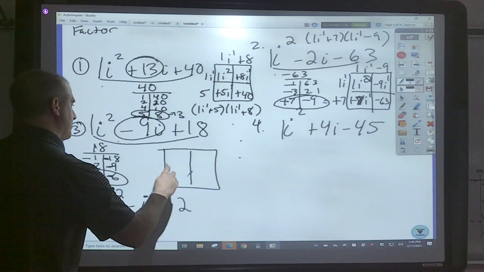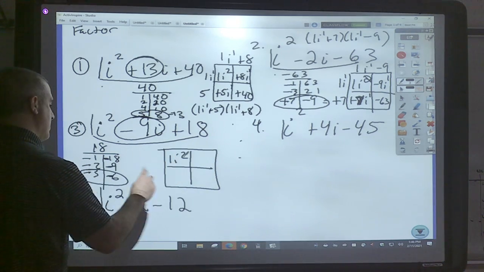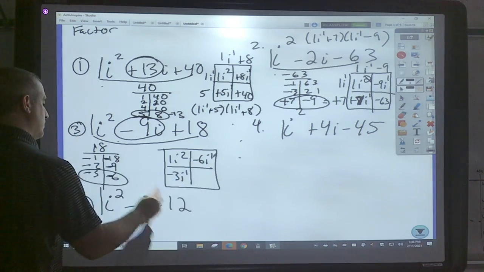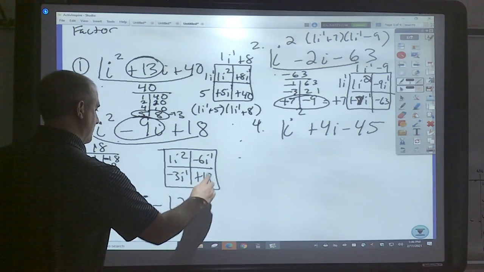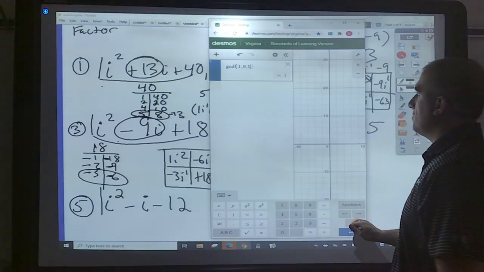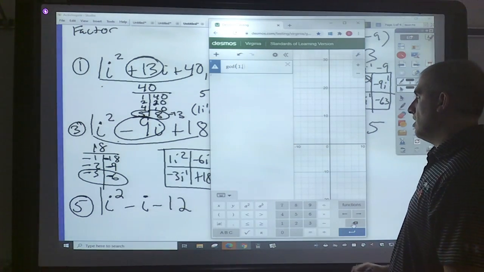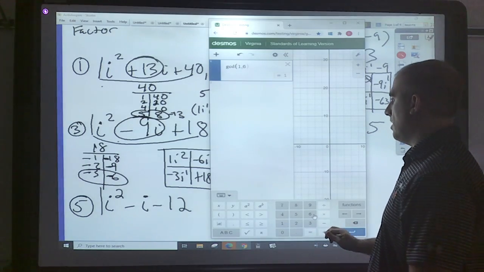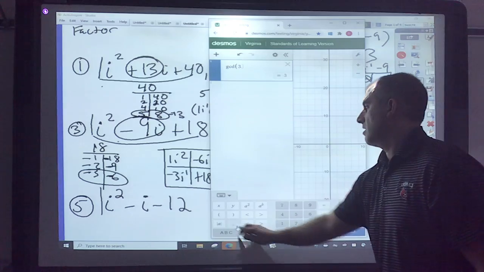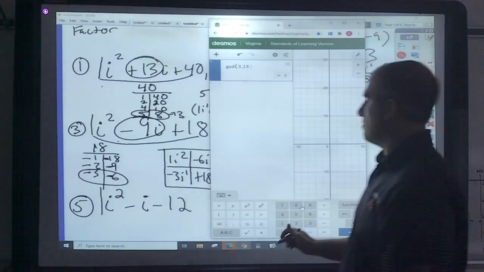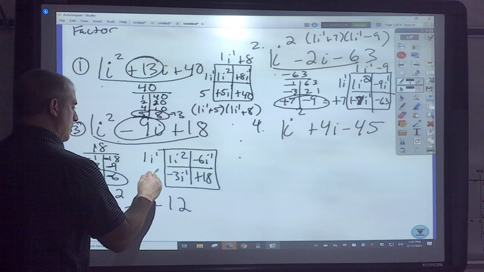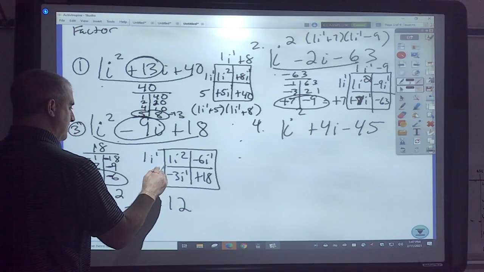So the box: 1i squared minus 3i to the first minus 6i to the first plus 18. For the GCFs, you can do those horizontal rows. 1 and 6 is 1. 3 and 18 is 3. So this would be 1i to the first.